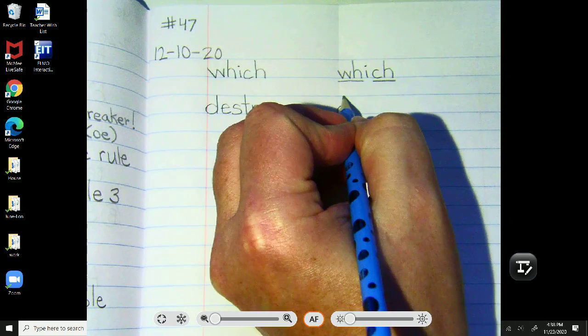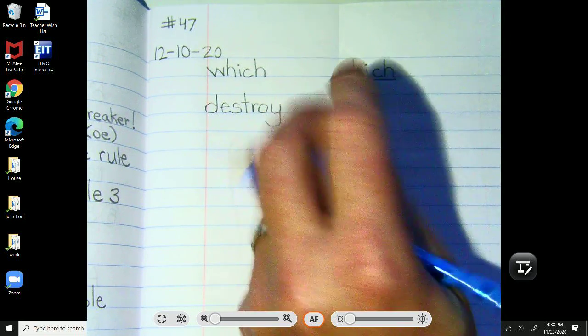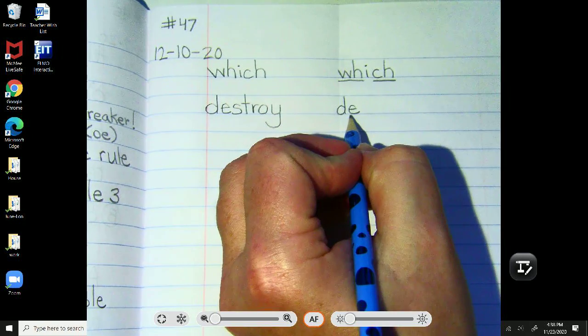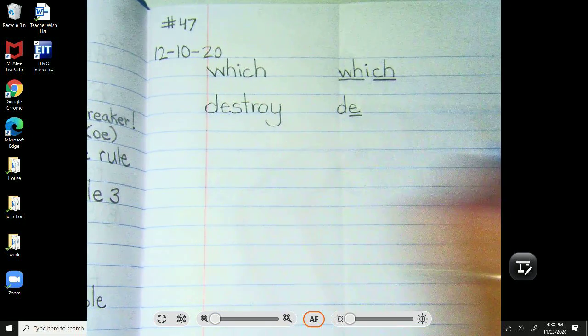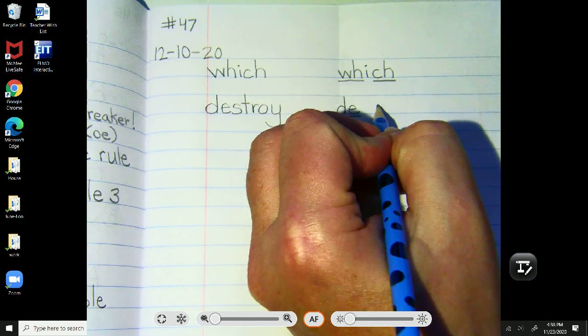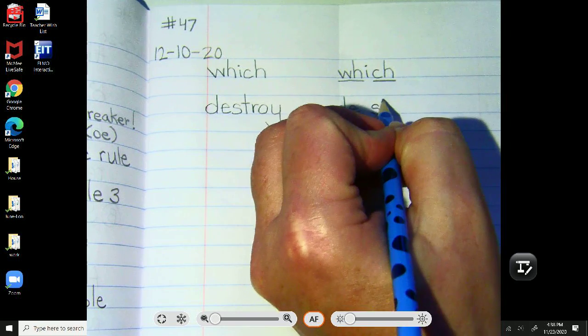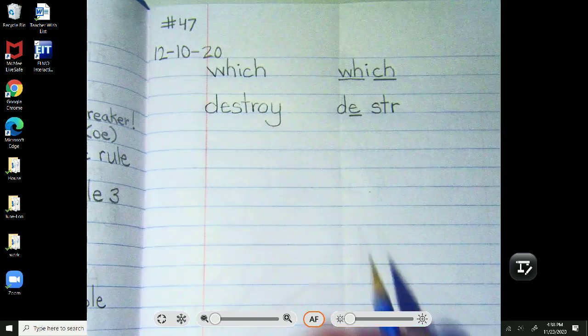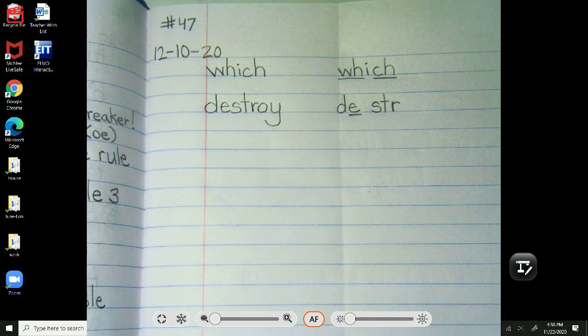Our first syllable is D. This is the first syllable, right here. Did you catch the name sound of the E? Right? Destroy. Finger space. Then, scholars, we have a blend of three consonants, right? Str, like straw, strong, strength, strudel, right?